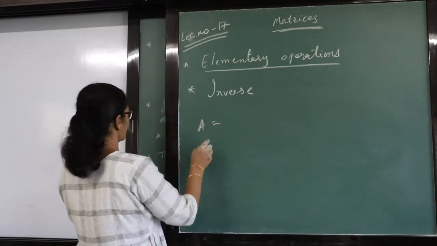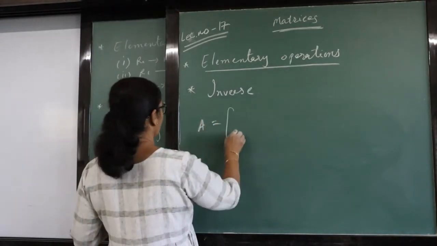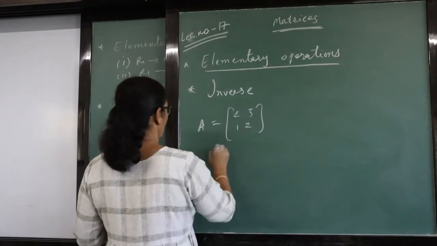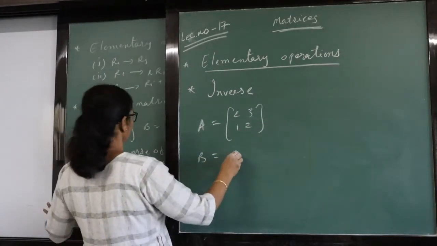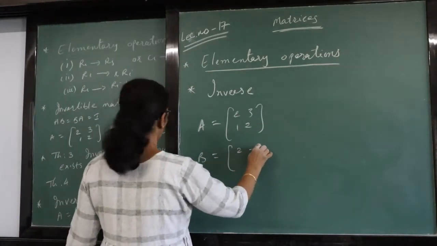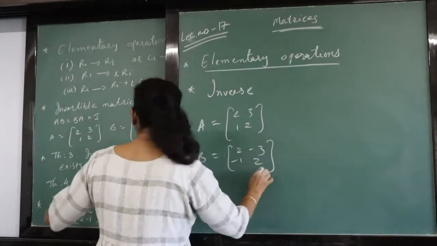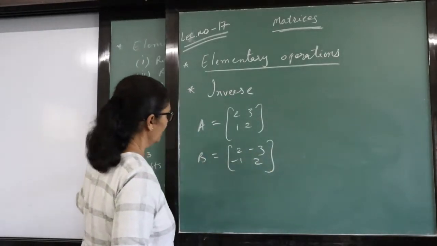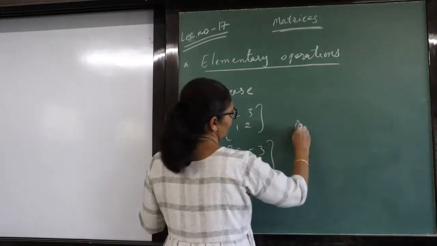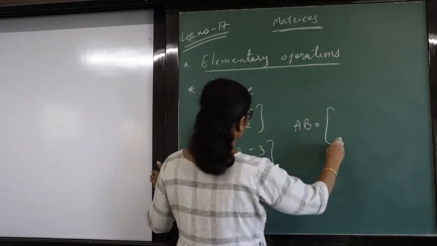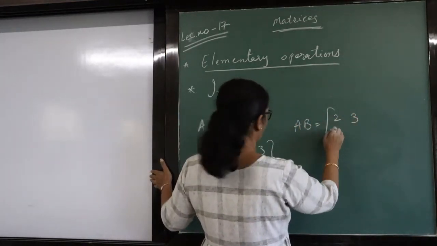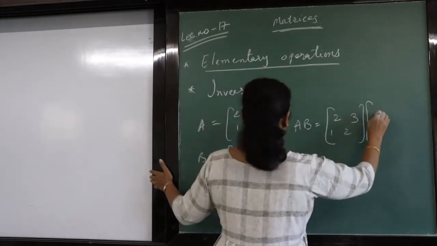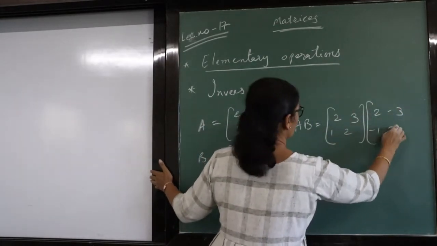Suppose we take one example. You are given A as 2 3, 1 2, and B is 2 minus 3, minus 1 2. Now how can we check that both are inverses of each other? Let's multiply both matrices, 2 3 1 2 by 2 minus 3 minus 1 2.